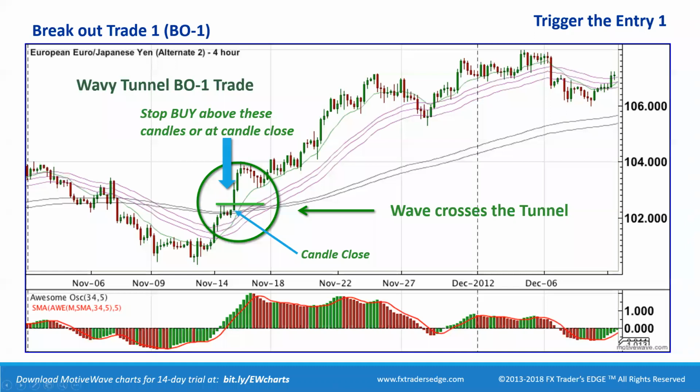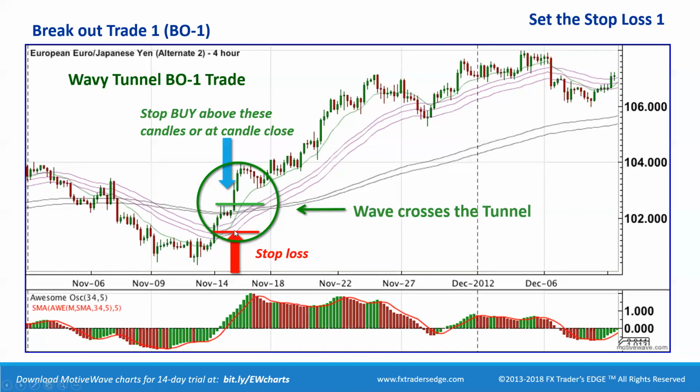So even if we're trading the 4-hour, if we're pretty convinced that at the end of this move down we are going to start to move up based on the wave counts, then we could use the 5-minute or the 15-minute breakout 1, and it would get us in probably at this level or better. You can test this out yourselves. The candle close would be up here, or a breakout of these candle highs would be here. And then you would set your stop loss below the wave.